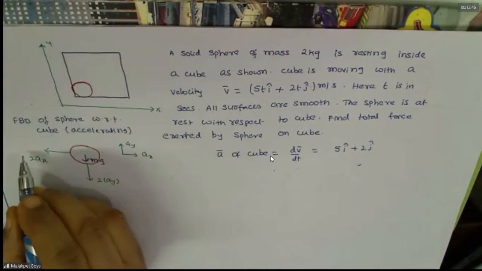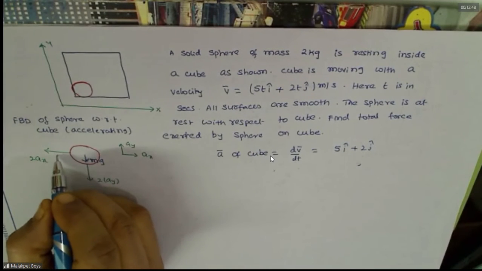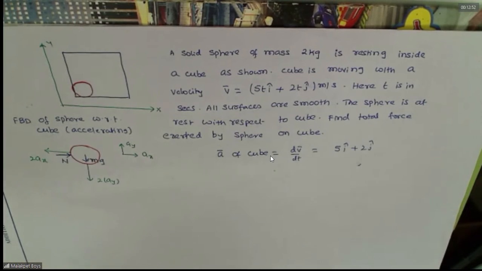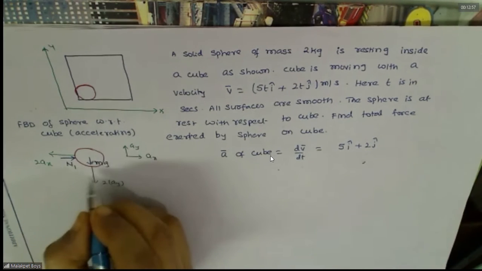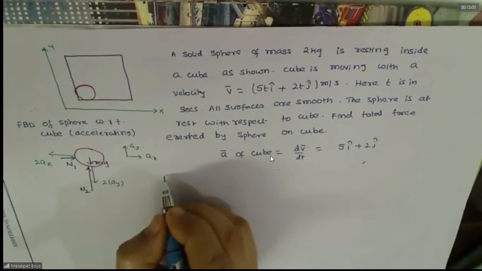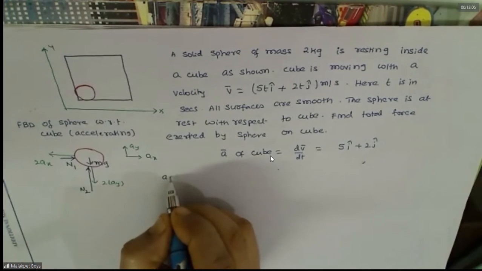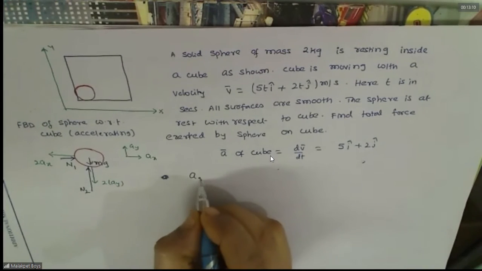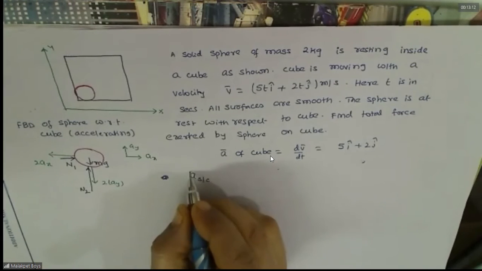That means we can see that there is a weight here. Now, because this is applying a force on this, definitely there will be a pressing force on this. Any other force is there? This is N1. This bottom one also will be exerting. Understood this? Now here, what is the acceleration of the sphere with respect to Q?